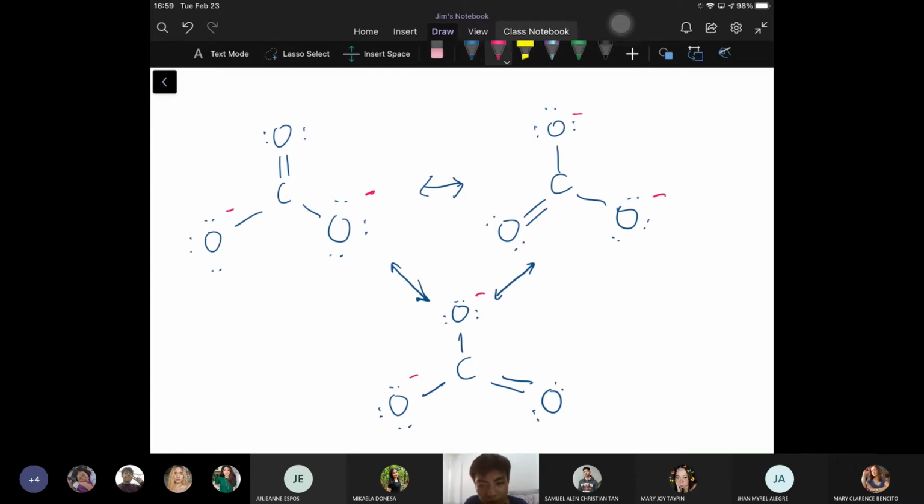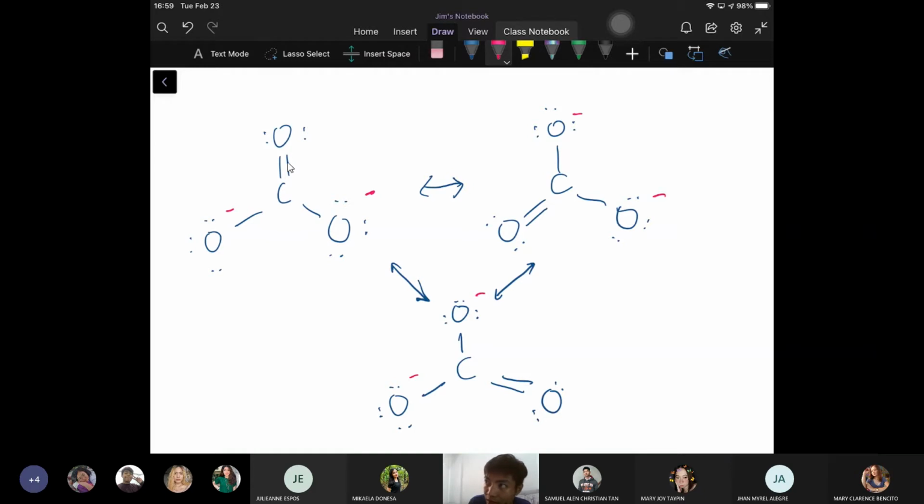So, what is the purpose of resonance? The purpose of resonance is this. It tells us how many similar structures we can create out of the molecule by just moving the electrons around. Notice that the double bond is here. What if the electrons move from this bond to this bond, let's say?